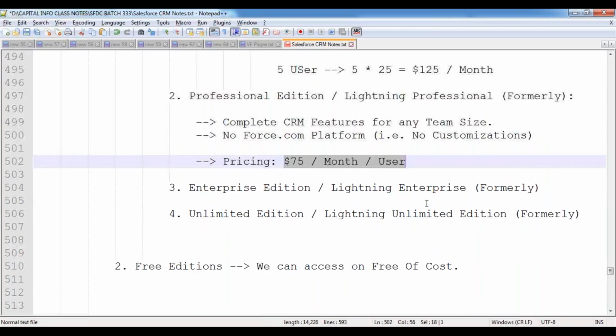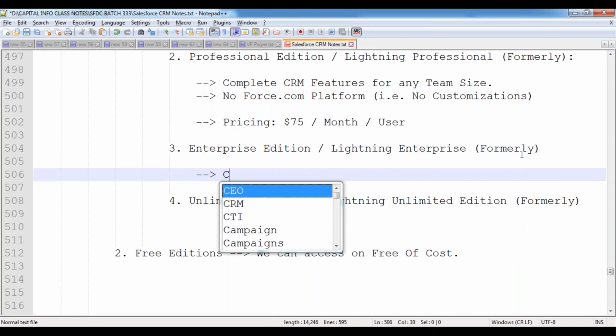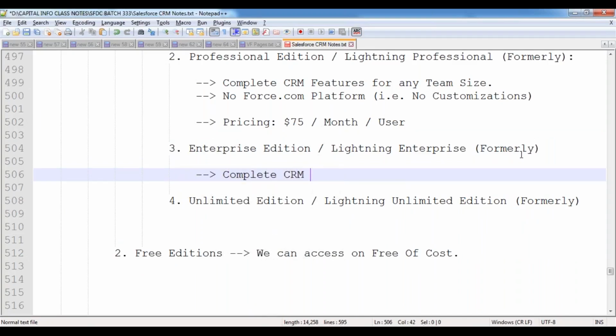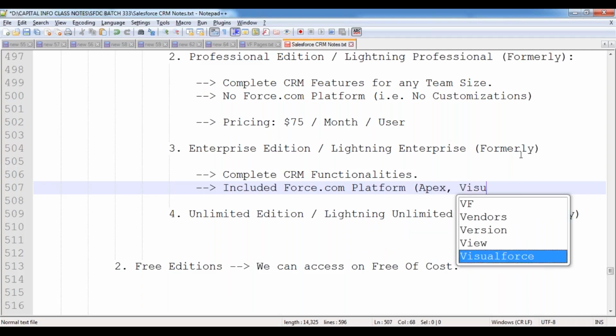Next, enterprise edition. As part of this enterprise edition, they're providing the complete CRM functionalities along with the Force.com platform also. They have included the Force.com platform. That means you will have Apex programming, and you will have Visualforce programming also.